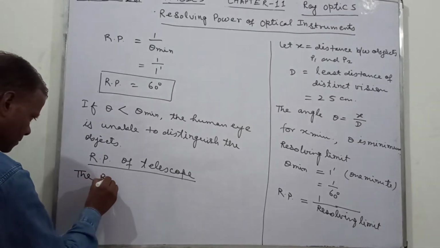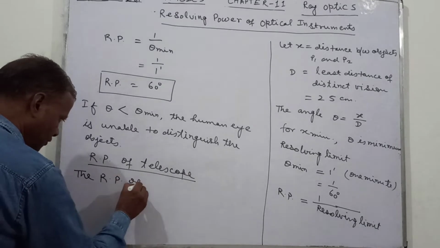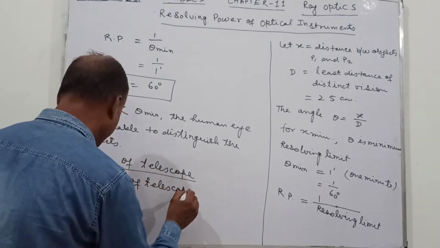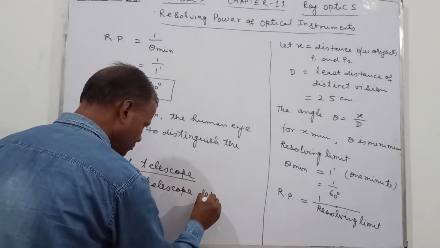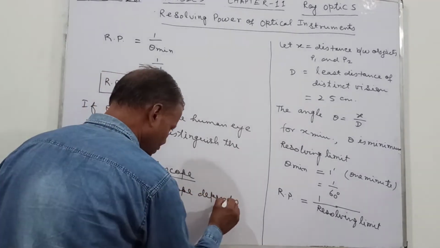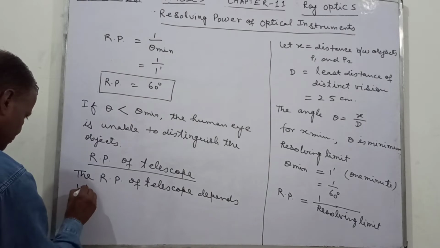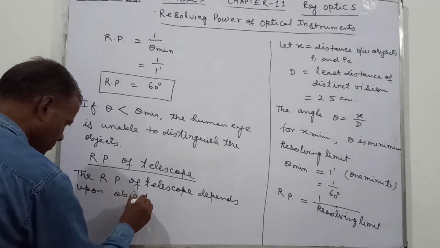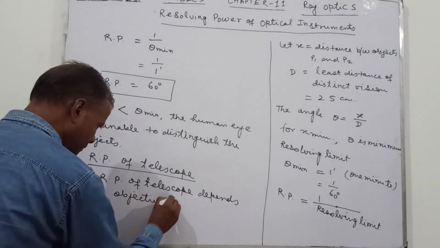The Rp of the telescope depends upon the objective lens.